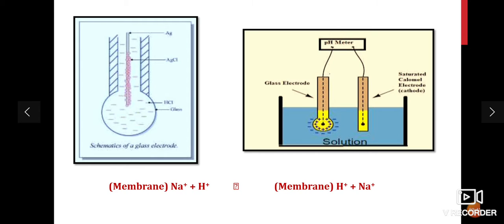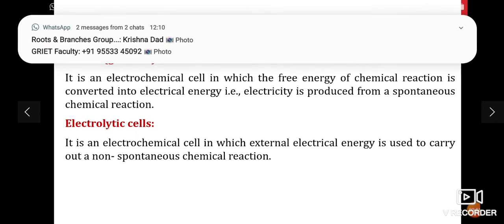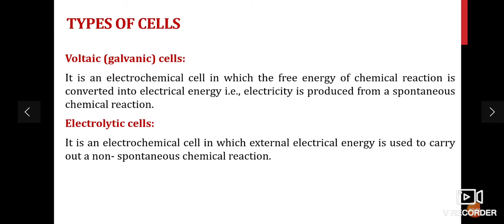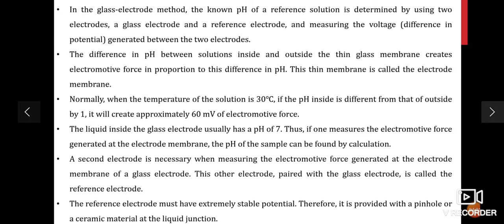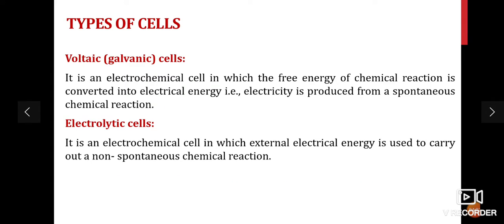As the reference electrode, usually we can take the saturated calomel electrode. The calomel electrode always behaves as a cathode. This is the construction and working of a glass electrode.